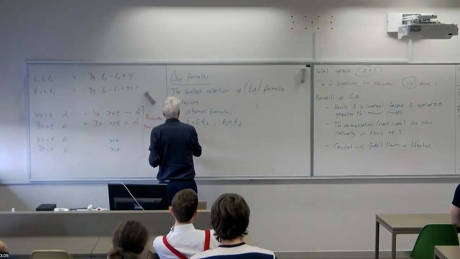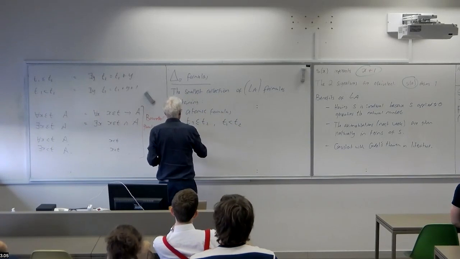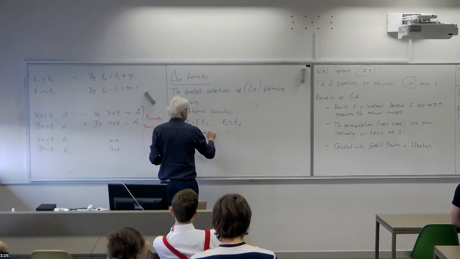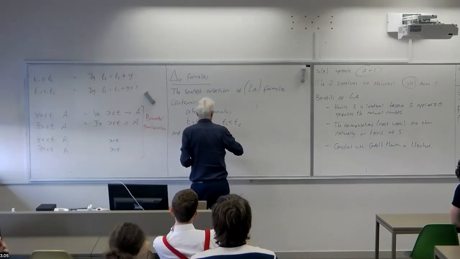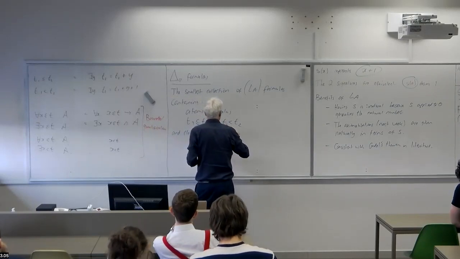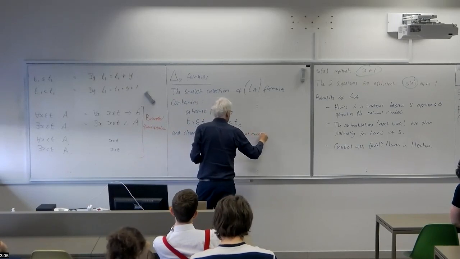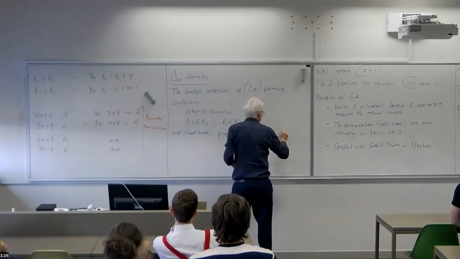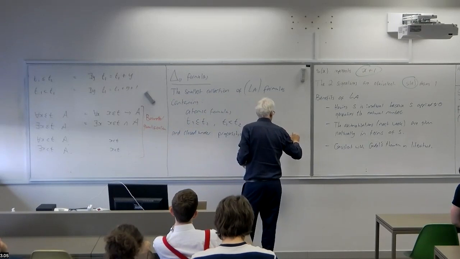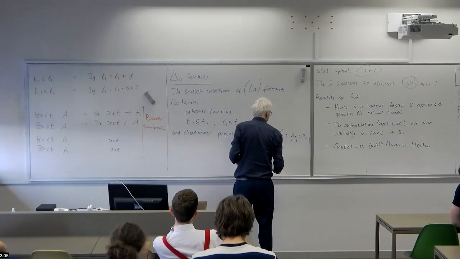And then we close this under, so we allow combinations of such formulas under all propositional connectives, e.g. and, or, negation, implication, that's pretty much all of them anyway.